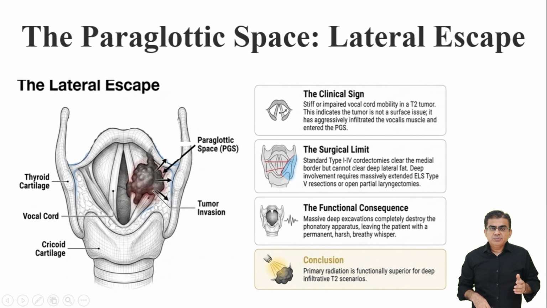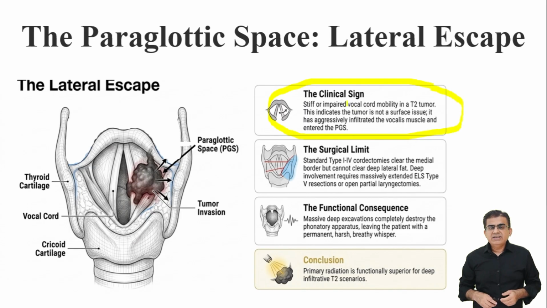First, look at the paraglottic space or PGS. This is the lateral fat pad sitting directly between the vocal cord and the thyroid cartilage. How do you know if a tumor has entered this space? When you examine a patient with a T2 tumor, look closely at the vocal cord mobility.